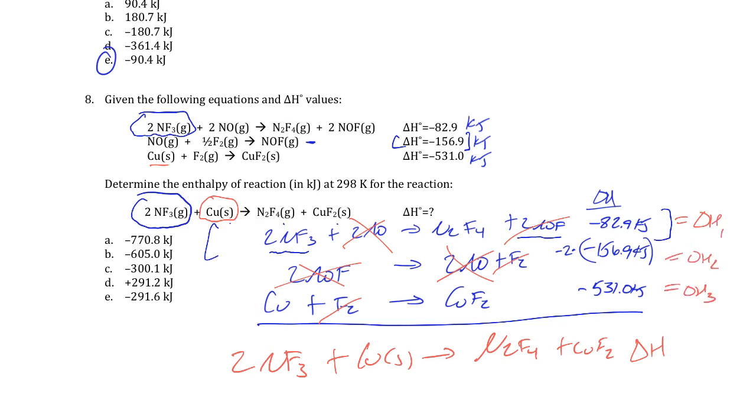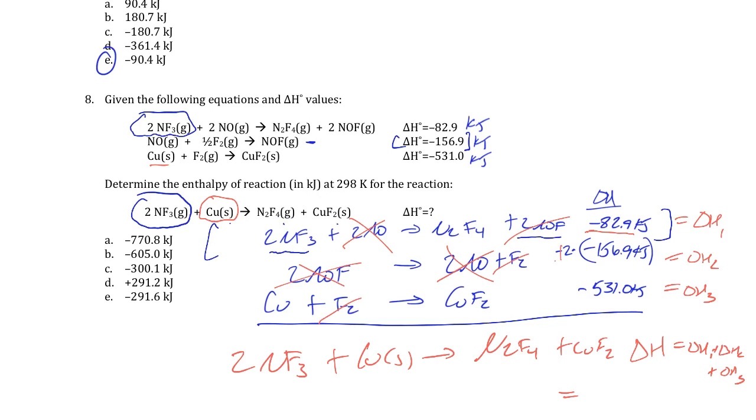If I can add the reactions up, the new reaction's delta H is just the sum of the individual delta H's, but as the reactions were manipulated. So I do minus 82.9 and then plus minus 2 times minus 156.9.